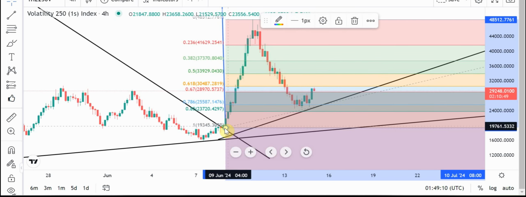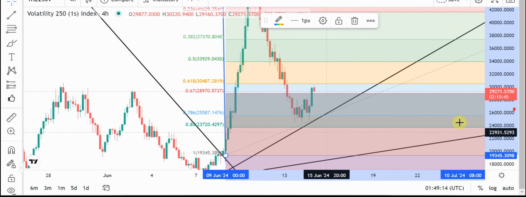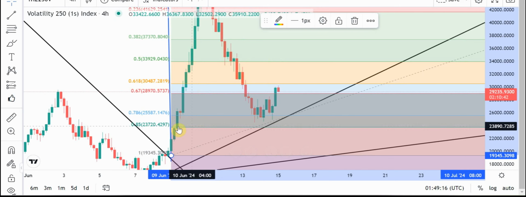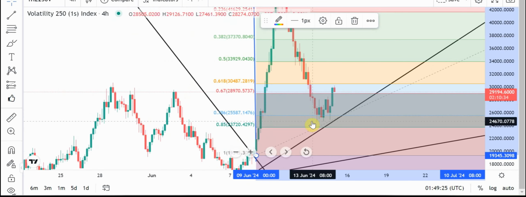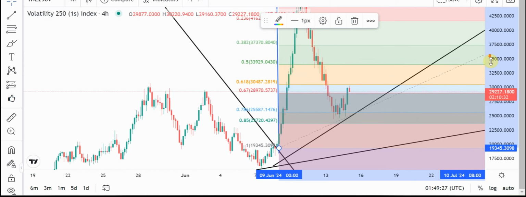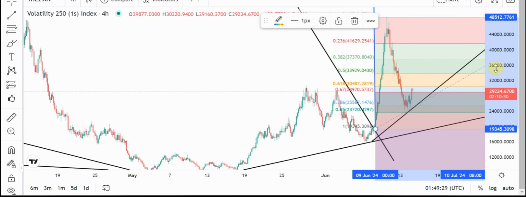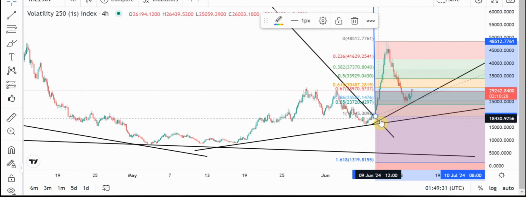So 0.786, 0.85. I've got a 0.85 level, 0.786. I think this is the 0.786 level that's been respected. There was a dip around this area. Now that's a very long retracement, so it's not really the energetic one.